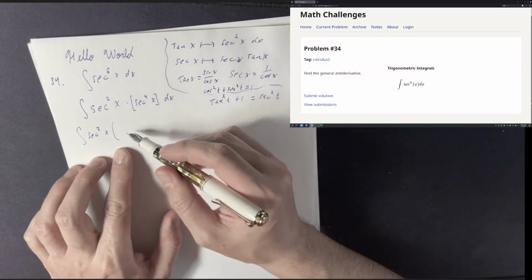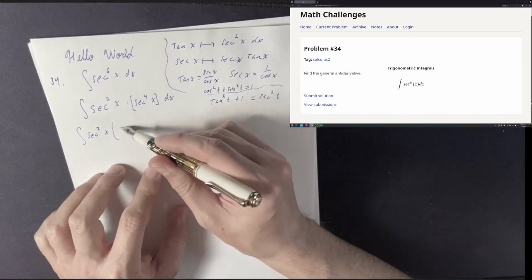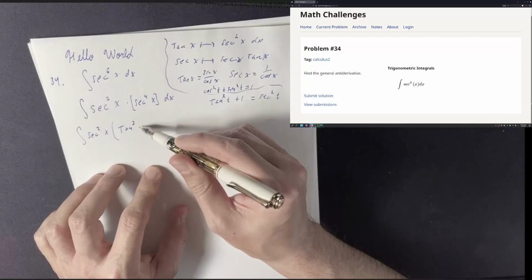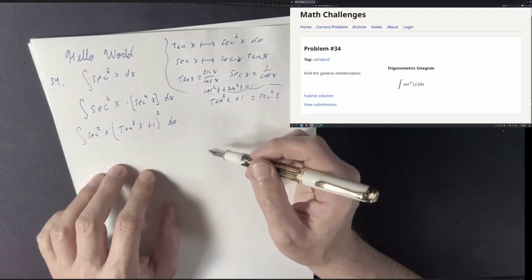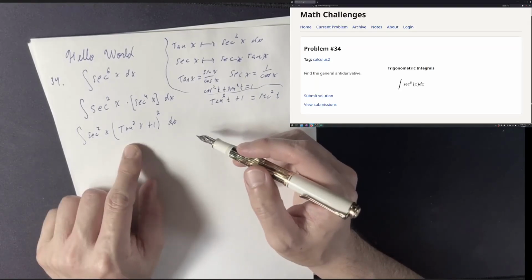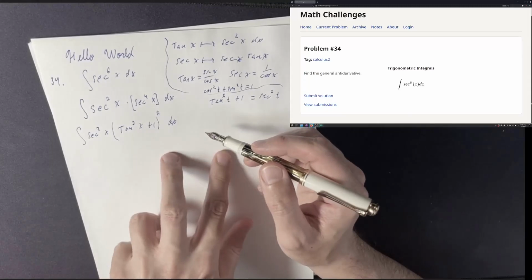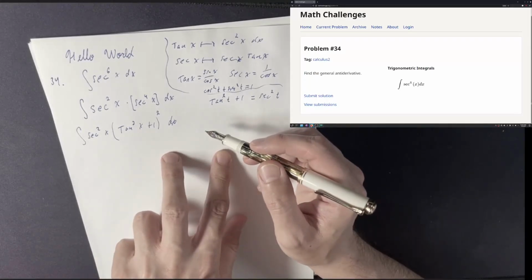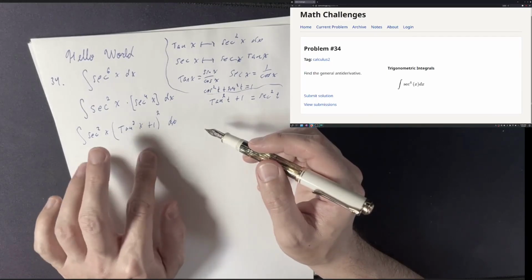This is now tangent squared plus 1, squared, excuse me. Tangent squared plus 1 squared. So I end up with tangent to the fourth plus 2 tan squared plus 1, times secant squared.